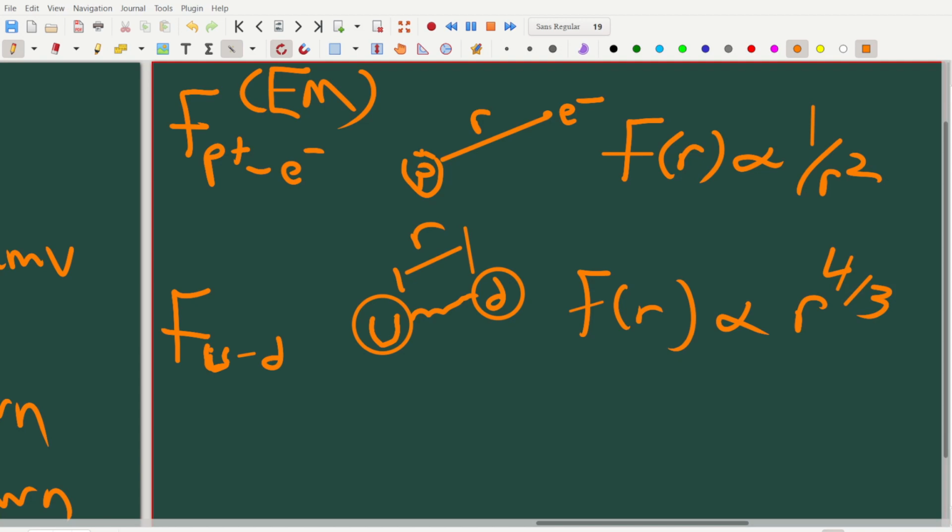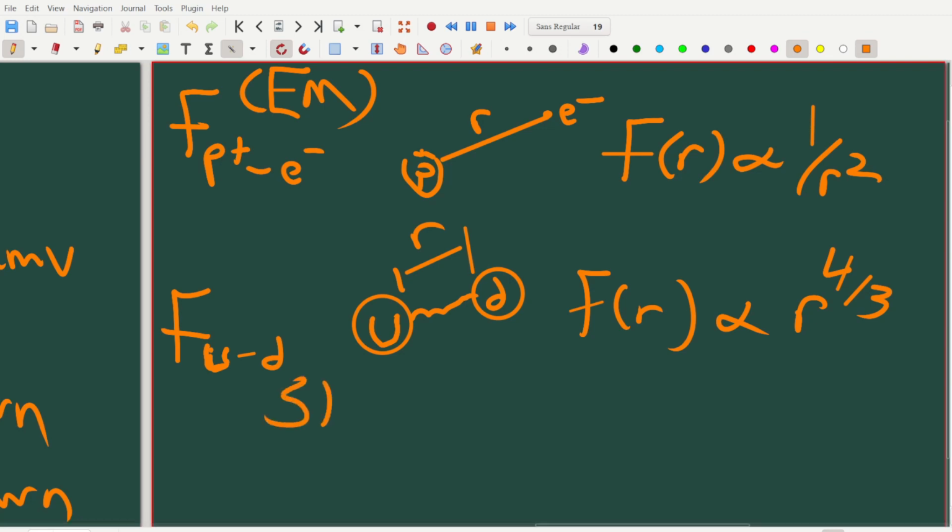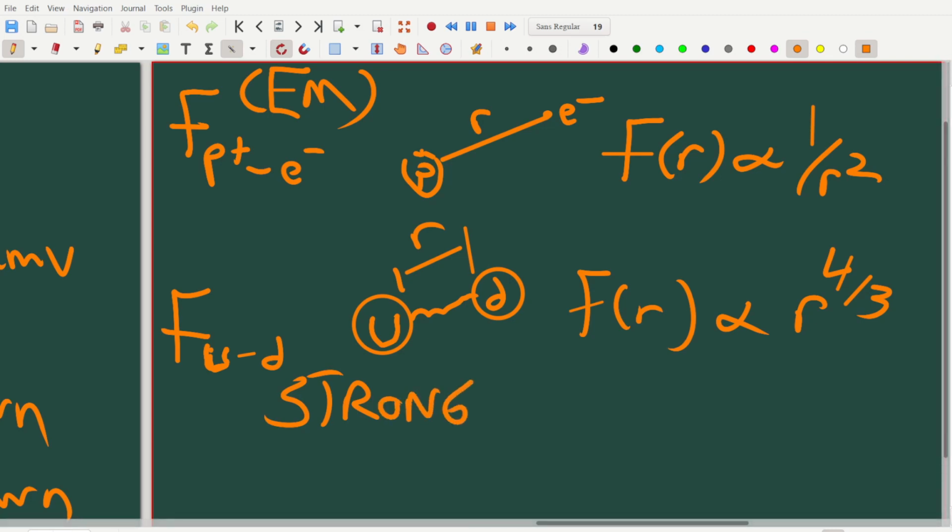So what does that mean? Well, in gravity and electromagnetism, the more you pull an electron away from a proton, the weaker the interaction is. But the strong force is the opposite. Let's say we want to take a proton and stretch it until it falls apart.